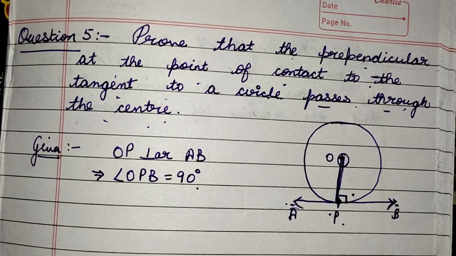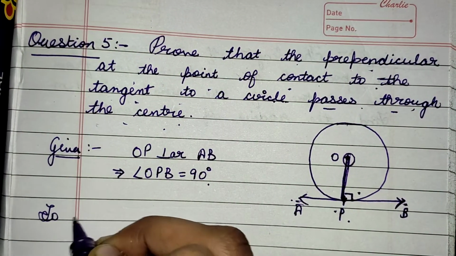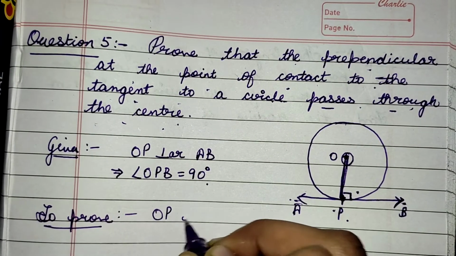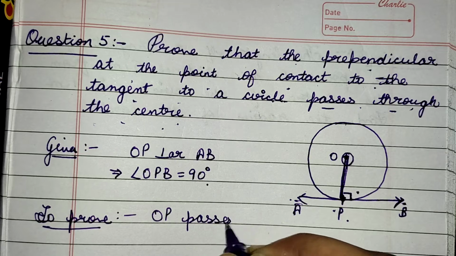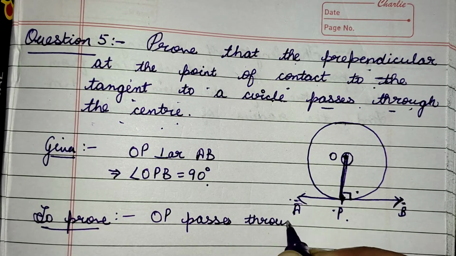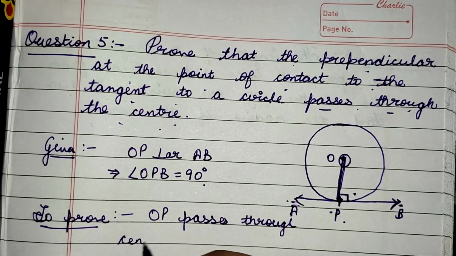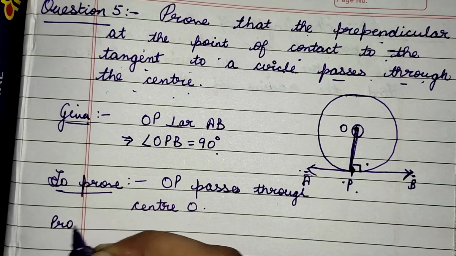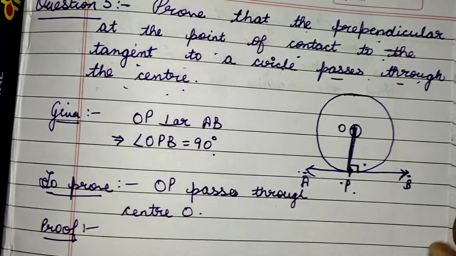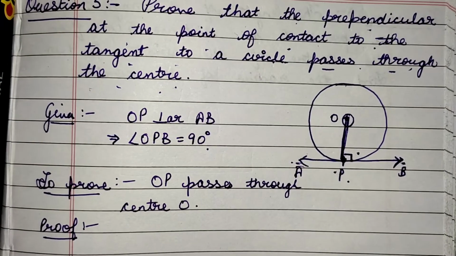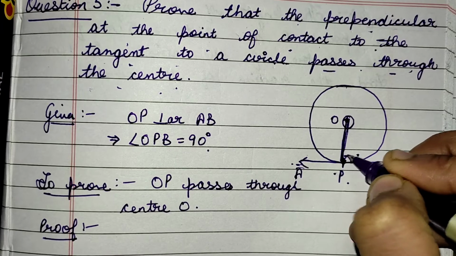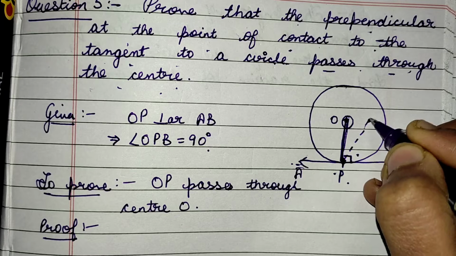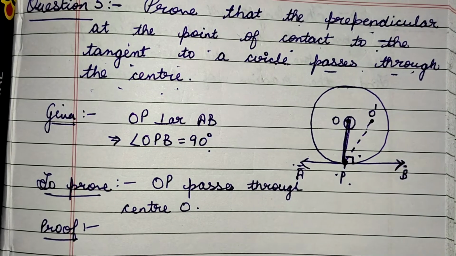Okay, so now let us start our proof. To prove is what? That OP passes through the center O, right? Let us start our proof then. Our proof says that let us suppose this OP, this perpendicular, is not passing through the center, it is passing through some other point.